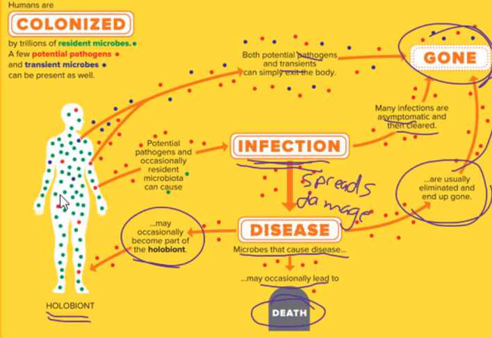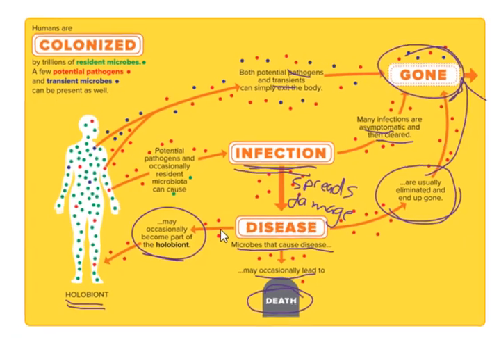But as long as they're under control by the rest of the microbiota and prevented from growing too much, they're not going to cause problems. That's the significance of there being so many more green ones here. The resident microbes prevent the red ones, the potential pathogens, from really getting out of control. So that is the way to look at how all these things are related.